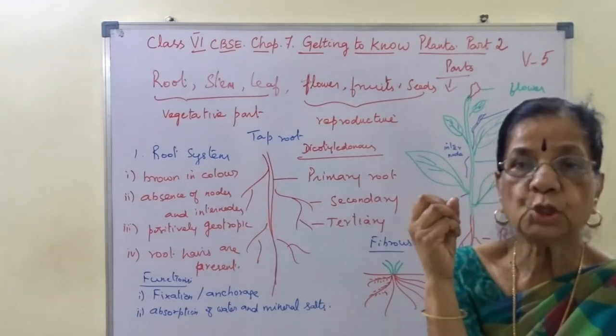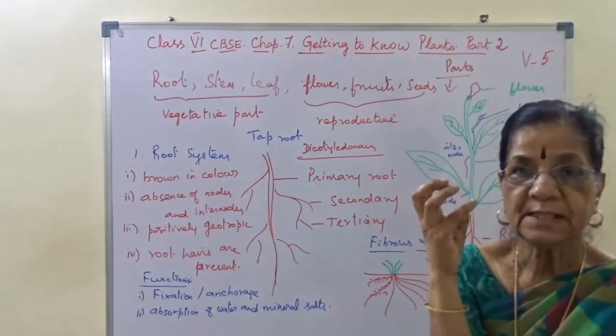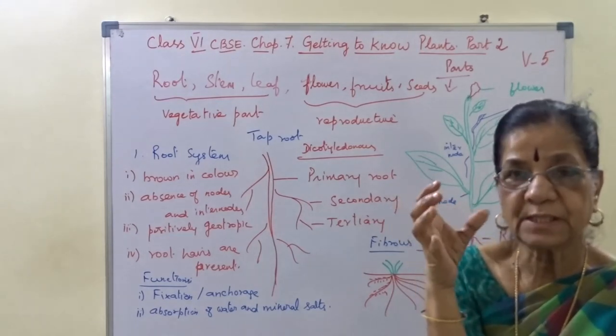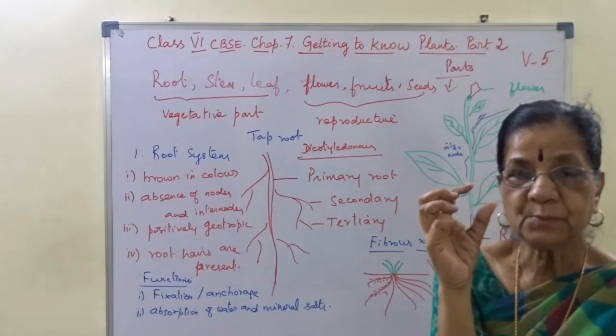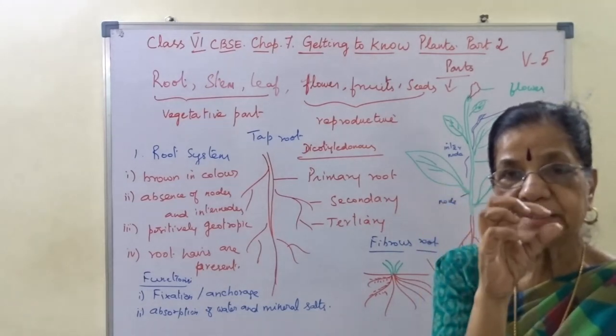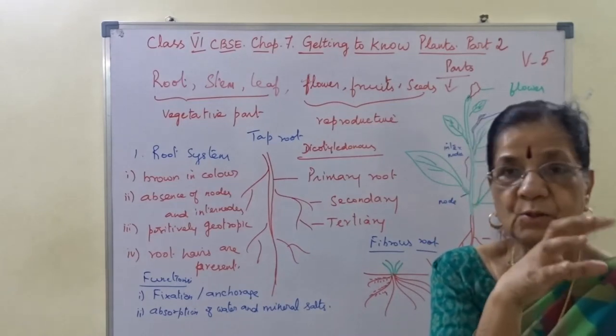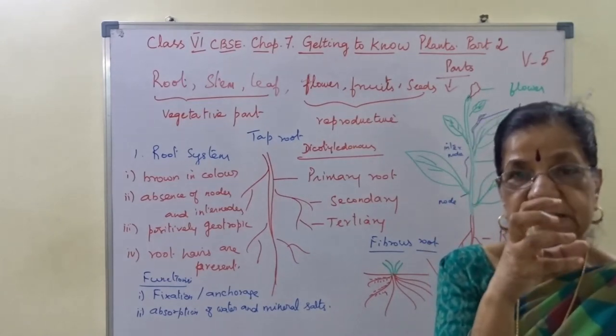Whereas in monocot plants such as rice, wheat, maize, cholam, we cannot break them open. Whereas groundnut, coconut, mango, we can break the fruit and see the seeds.